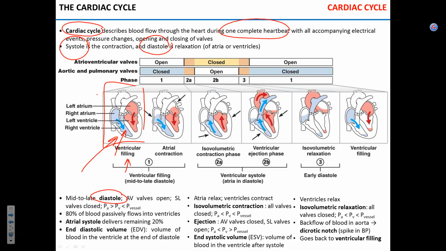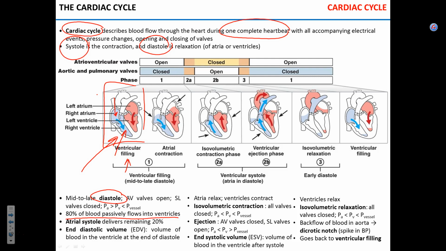During ventricular filling, blood is passively flowing into the ventricles because there is no valve at the vena cava, so blood is flowing from the vena cava into the ventricle. I started with the right side, so I'm going to be talking about the right side.